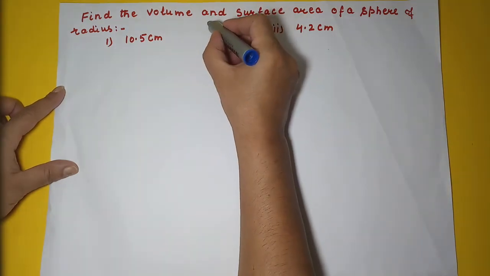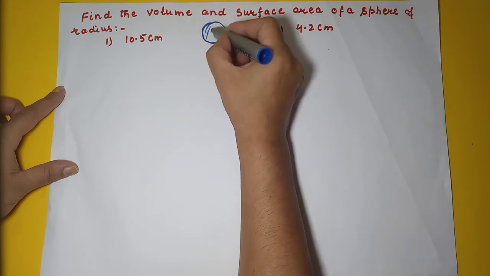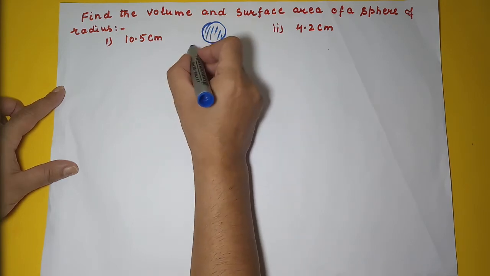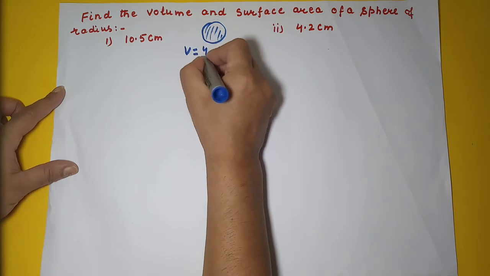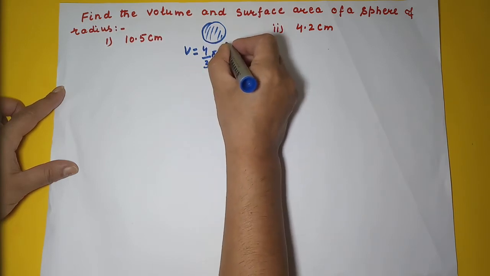We know that a sphere is something like this if we are talking about the solid sphere, and we know that the volume of the sphere is 4 by 3 pi r cube, where r is the radius.